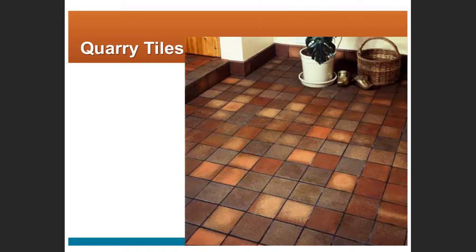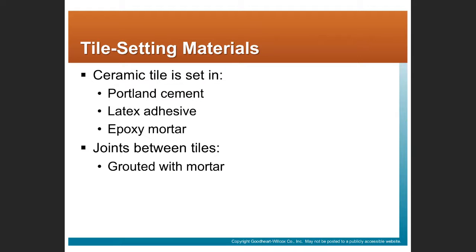Here are quarry tiles, so these will be stones that are cut and dressed to a specific size. Ceramic tile is set in a variety of things, either Portland cement or latex or an epoxy. And then we grout between those tiles with some kind of mortar.